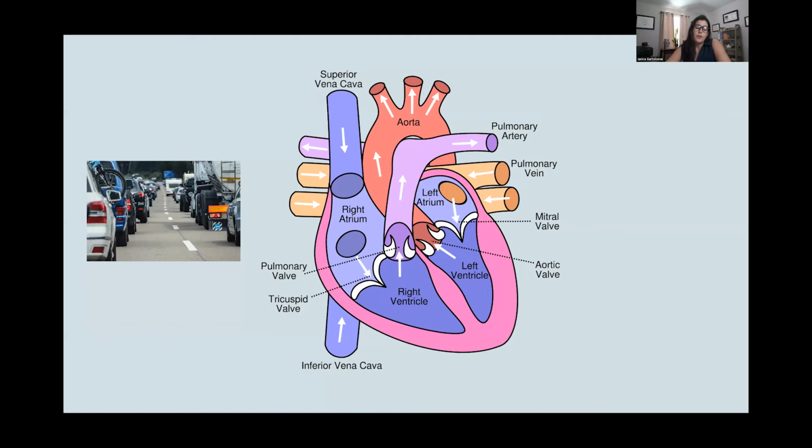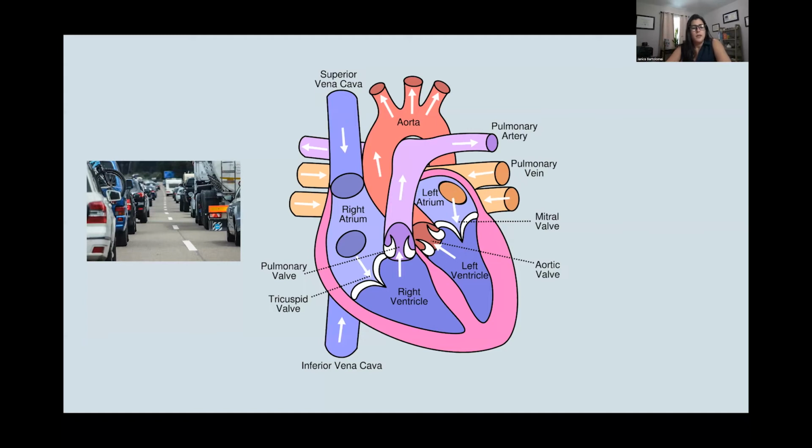So now, if it backs up or fails on the left, then you're going to have the traffic jam back to the left atrium, to then the pulmonary side, because again, it comes from the pulmonary artery, basically.